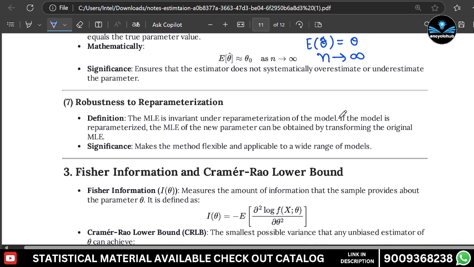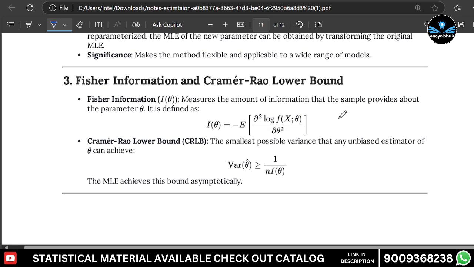range of models. Now the next, which is very useful in the Cramer-Rao lower bound, is Fisher information. Fisher information, denoted by I theta, measures the amount of information that the sample provides about the parameter theta.